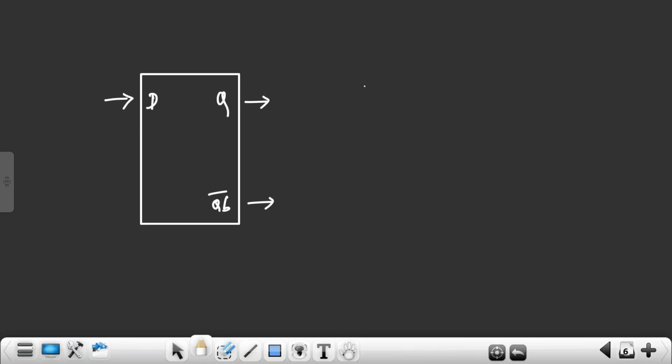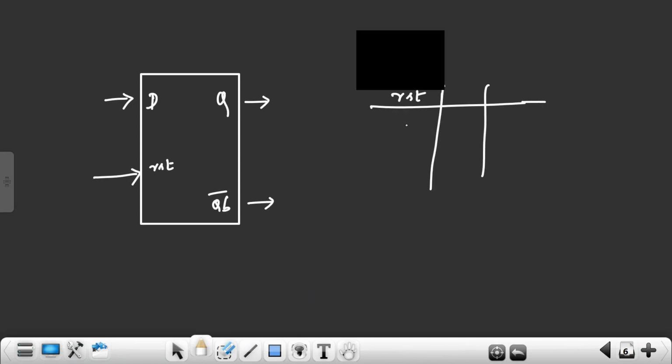Everyone can write it. But if I ask you to explain the D flip flop operation, including reset, how many can explain it? If reset is 1, what happens to output Q? It is 0.